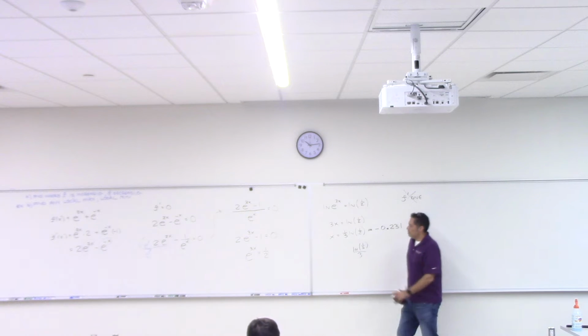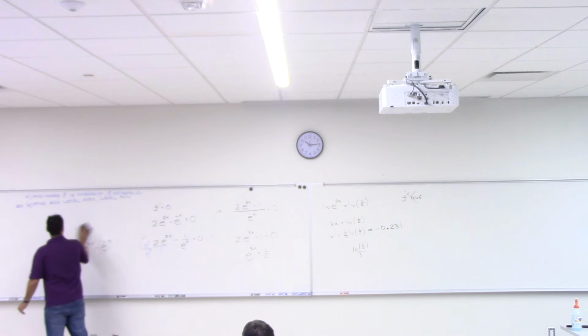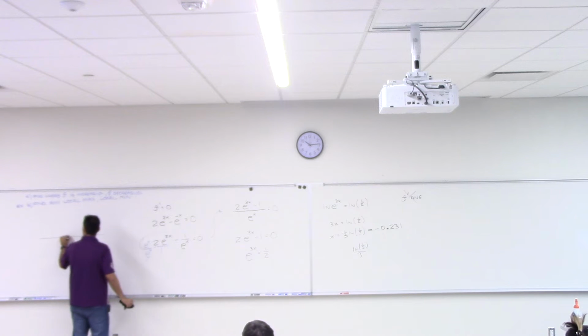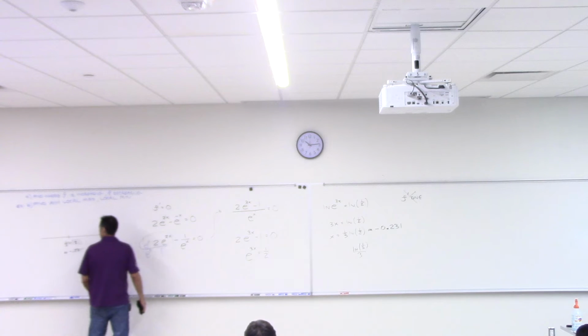All right, so now I'm going to draw a number line. I'm going to put 1/3 natural log of a half on there, which we know is approximately negative 0.231, right?